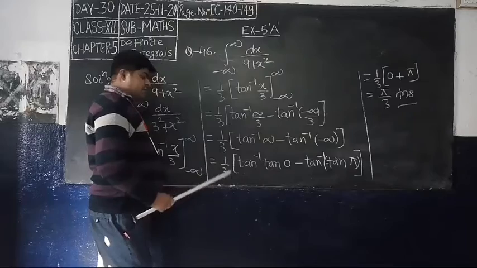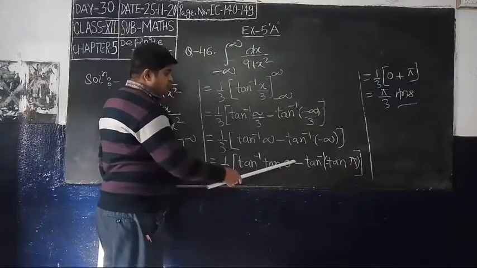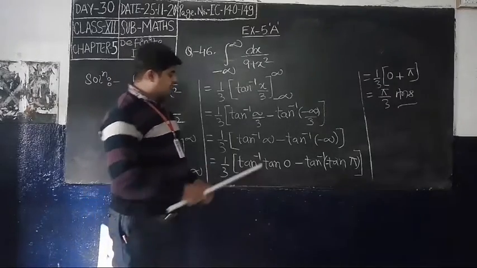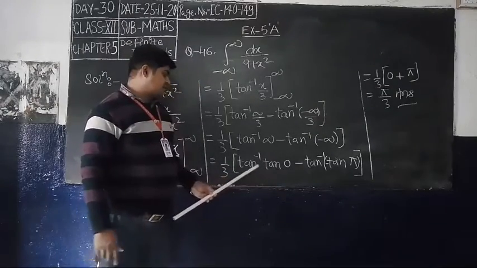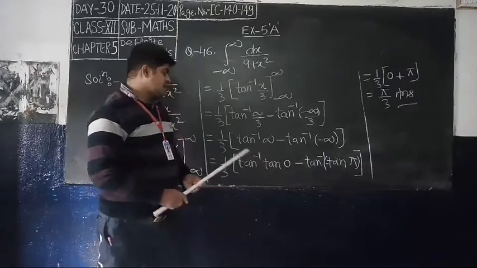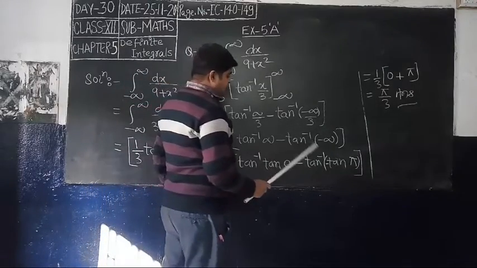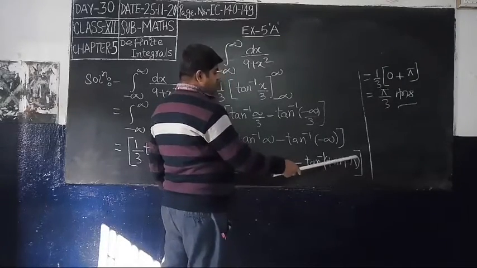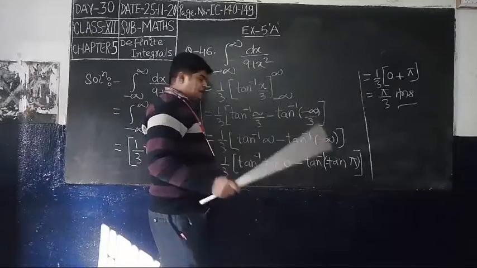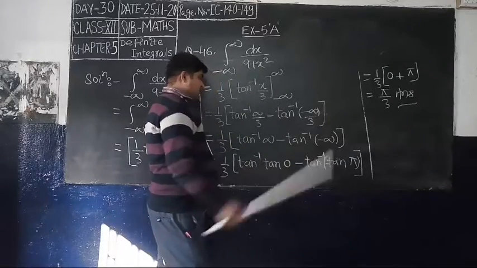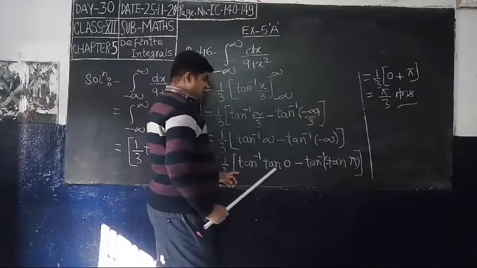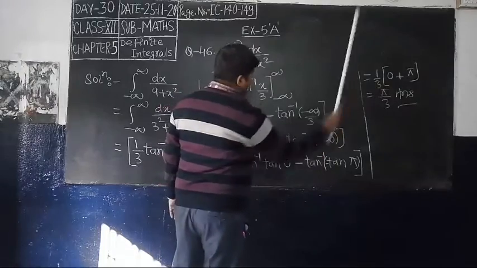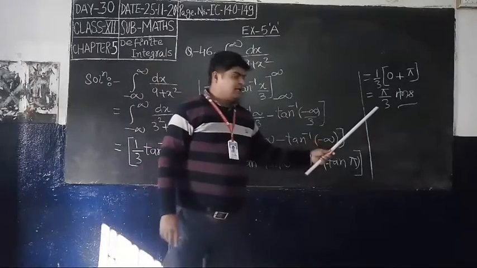Now tan inverse of infinity becomes pi by 2, and minus tan inverse of minus infinity becomes plus pi by 2. So your answer is pi by 3.